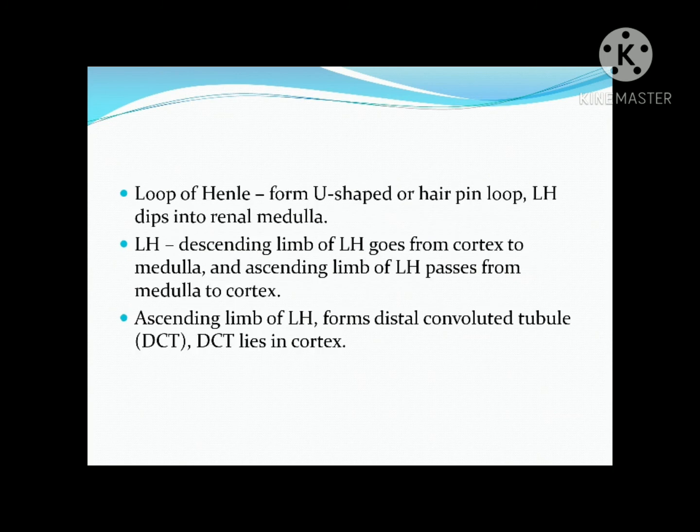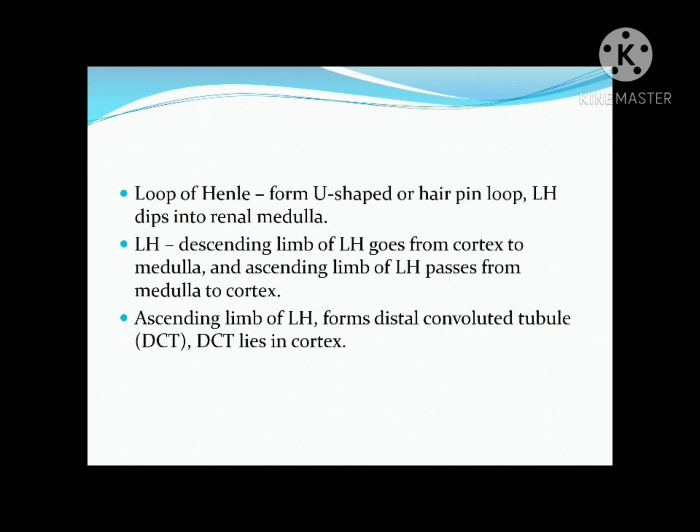The loop of Henle forms a U-shape or hairpin loop. LH dips into renal medulla. LH, that is loop of Henle, the descending limb of LH goes from cortex to medulla, and the ascending limb of LH passes from medulla to cortex. Ascending limb of LH forms distal convoluted tubule, the DCT. The DCT lies in cortex.